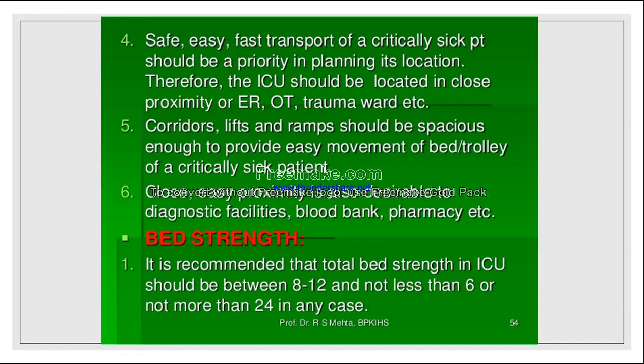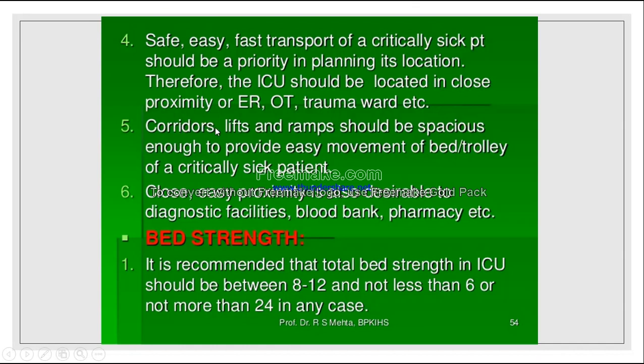Therefore, the ICU should be located in close proximity to the emergency room, OT, trauma ward, etc. So the ICU should be just next to the emergency department, close to the OT department, and close to the trauma ward or the surgical ward.